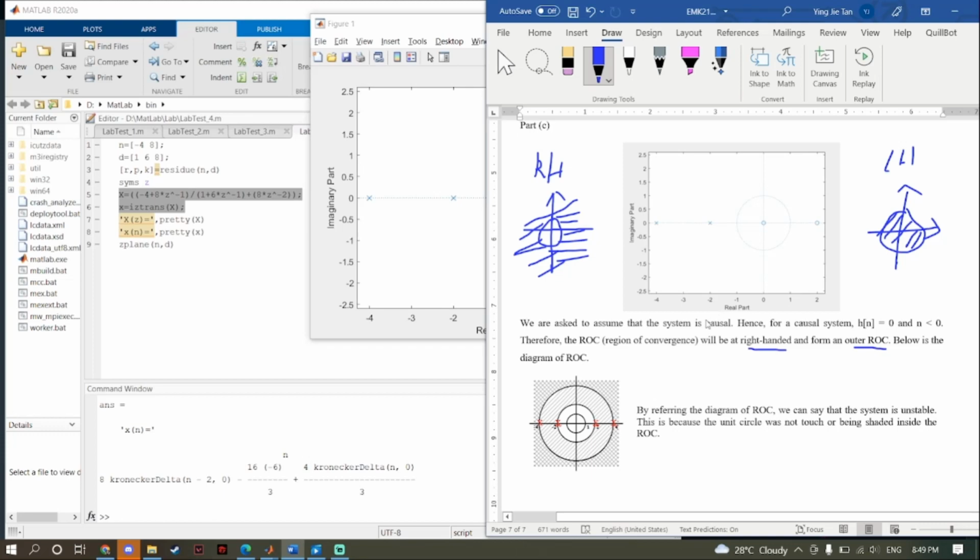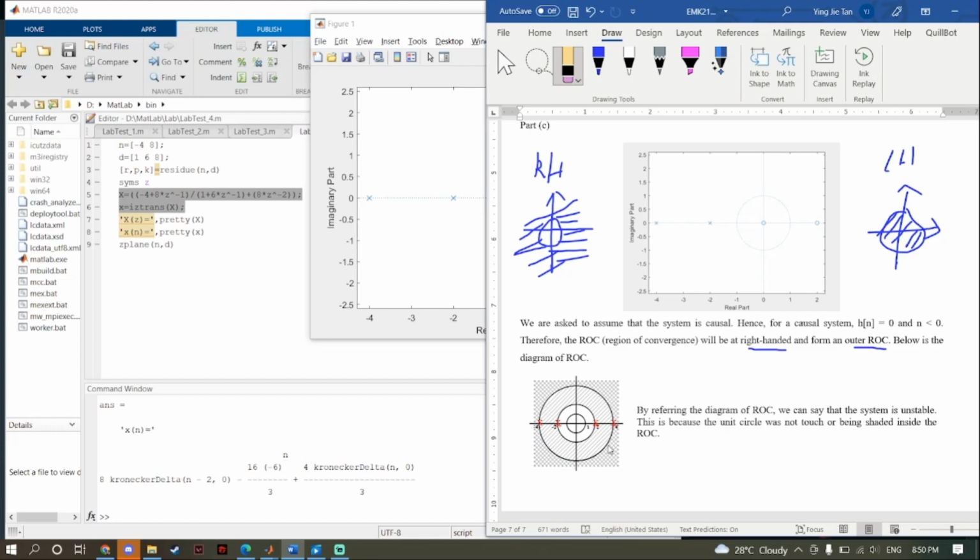Remember we said that when the system is causal, your ROC will be right-handed. So let's check with our pole at -2. When it goes right-handed, you will shade it here as in the picture. And also for -4, also shaded right-handed, same as the picture. I just drew some to let you know. Okay, so after that we will get a diagram like this.